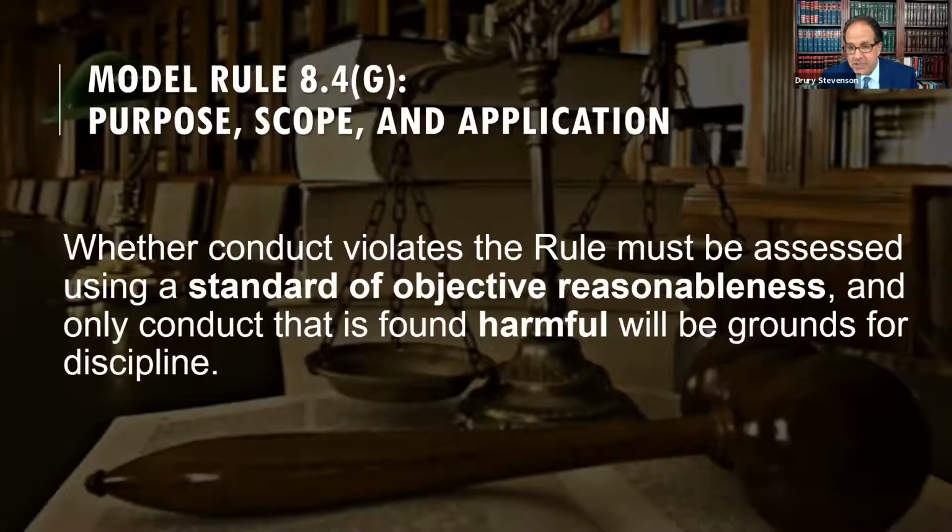So this is not a subjective test. We're not just looking at whether another person was offended. So you won't be disciplined just because another person was offended by something you said or did. It's going to be an objective test of reasonableness, and only for conduct that is found harmful. It will have to be harmful conduct to be grounds for discipline.